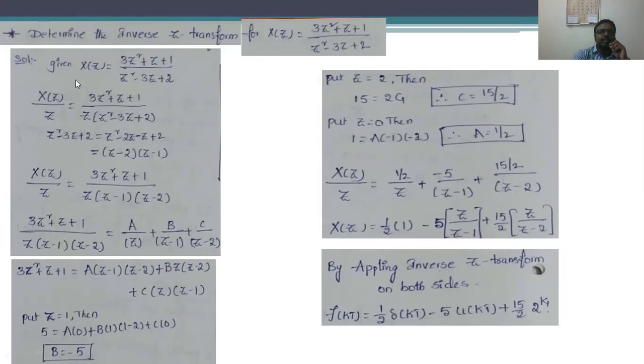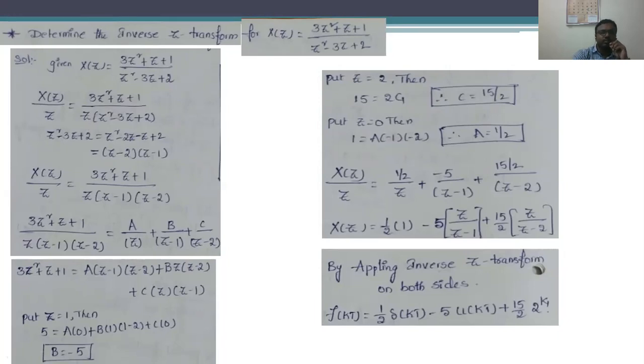So coming to the solution part, here X of z is given, and we have to divide that particular equation with z. Therefore X of z divided by z is equal to 3z square plus z plus 1 whole divided by z into z square minus 3z plus 2.